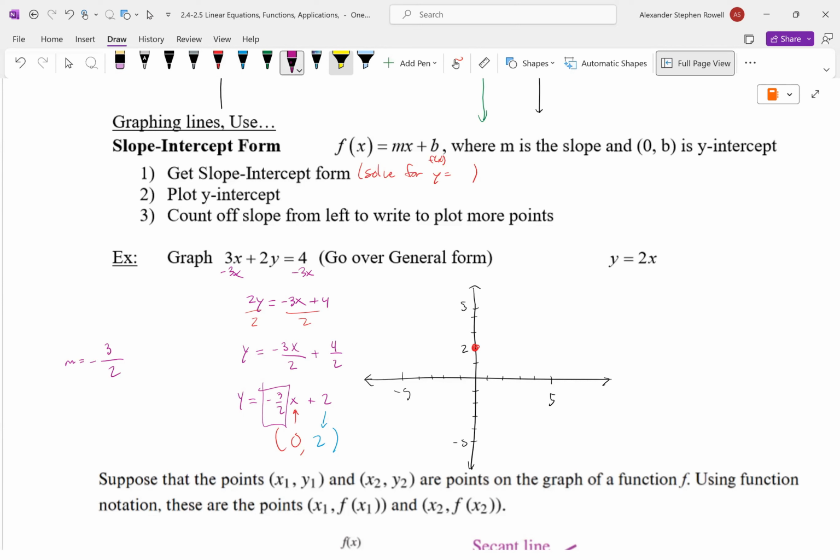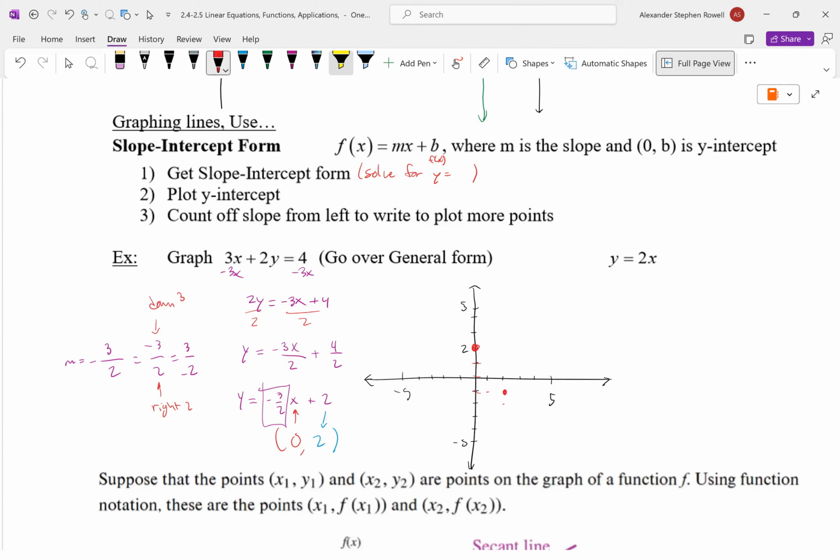For -3 halves, I can put the negative on top, or I could put the negative on the bottom. So if the negative is on top, that means down 3. And the positive on the bottom means right 2. So I can count off 1, 2, 3 down, 2 to the right to get my next point.